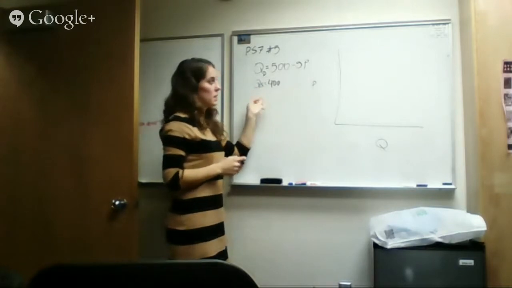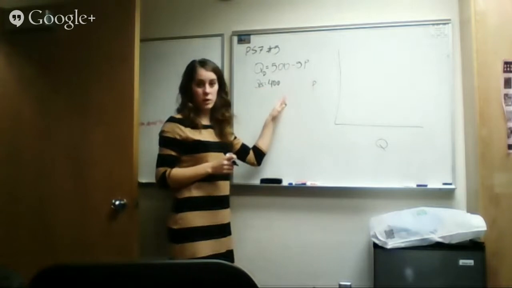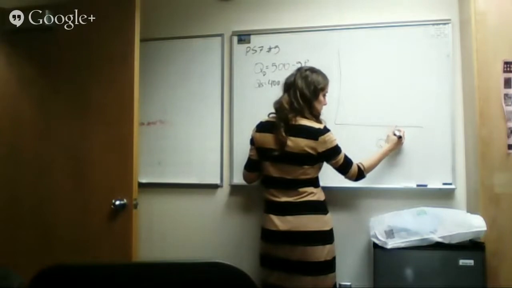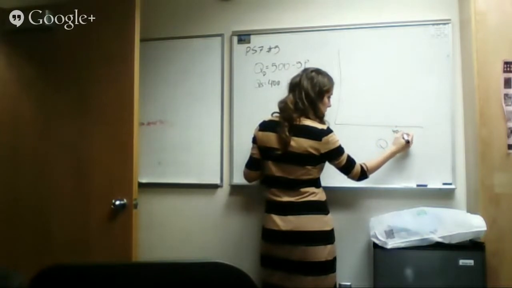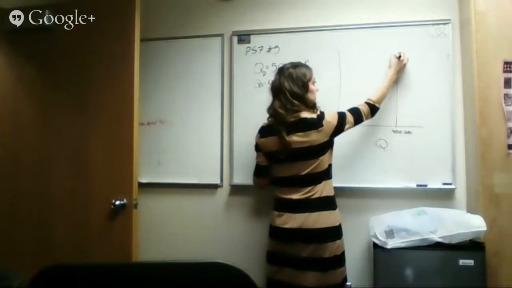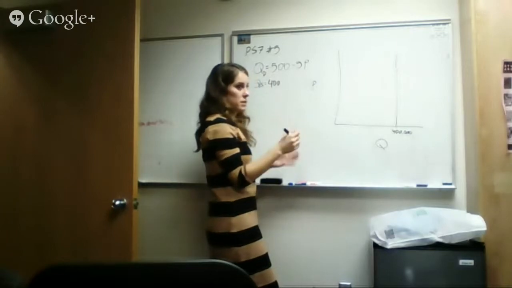There is no P variable in here at all. It's just quantity is always going to be 400,000. So I'm just going to draw my supply curve at 400,000. This is what the supplier is doing, no matter what the price is.